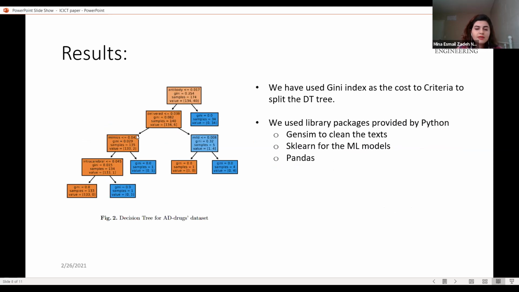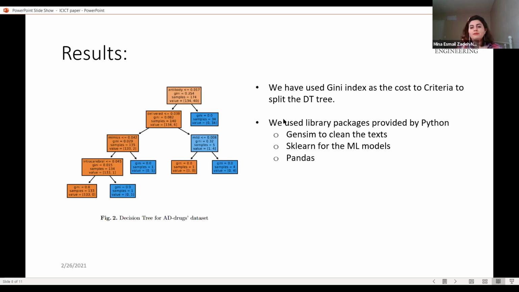These specific words play an important role in splitting the tree. We are using the Gini index to split the tree, and over here you can see that for 40 records, the Gini index decision tree predicted 34 records correctly.